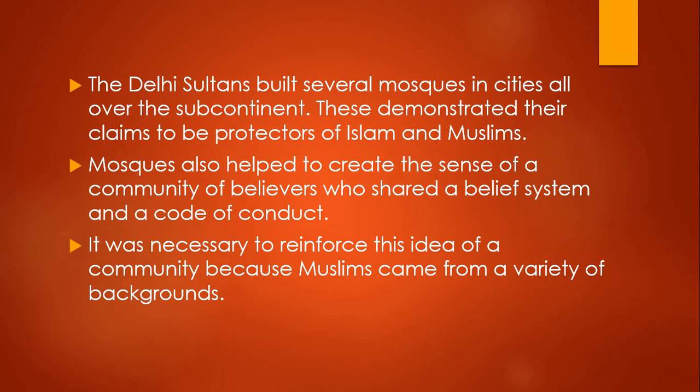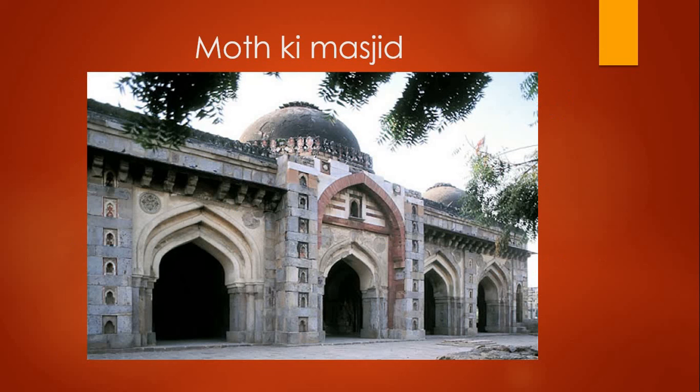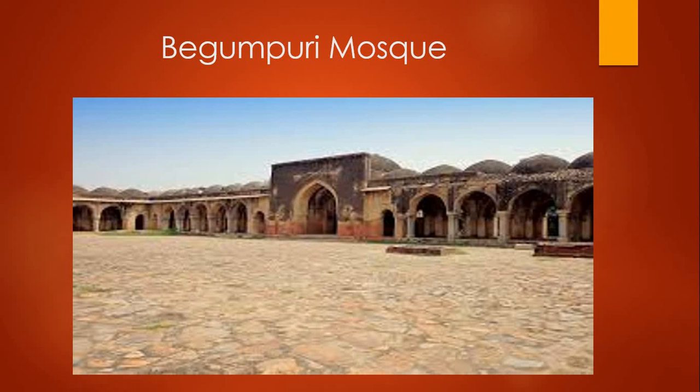It was also necessary to reinforce this idea of a community because Muslims came from a variety of backgrounds. These are some of the well-known masjids during the Delhi Sultanate: Moth ki Masjid, which is in Delhi, and Begumpuri Mosque, also built in Delhi.